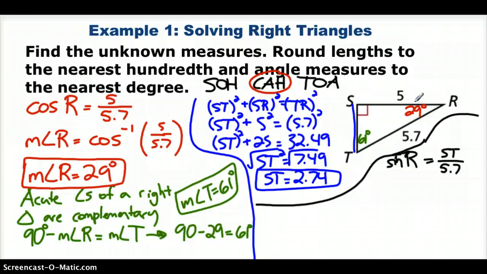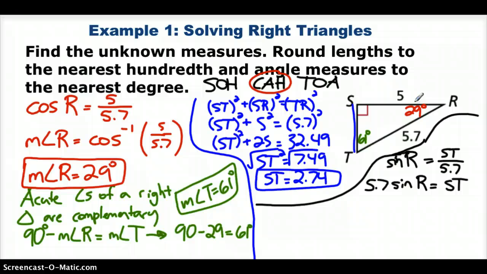So what I'm going to do now is multiply both sides by 5.7. So it's going to be 5.7 times the sine of R, and that's going to give us ST. Now remember, for R, what we plugged into our calculator was over here in red.